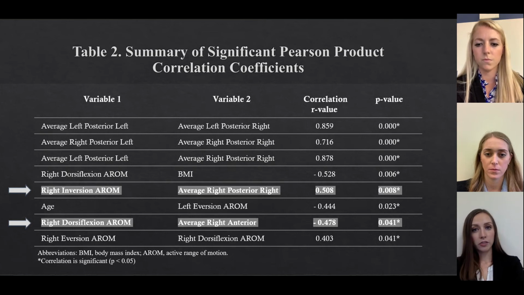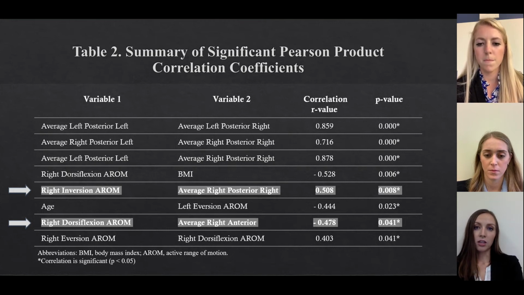Next, we see that right dorsiflexion active range of motion had a negative correlation with BMI with a p-value of 0.006, meaning that individuals in our study who generally had higher BMIs demonstrated less dorsiflexion on the right lower extremity than the counterparts who had a lower BMI. Next, we see 2 points with arrows and highlighted that relate to a research question that Brooke already mentioned.